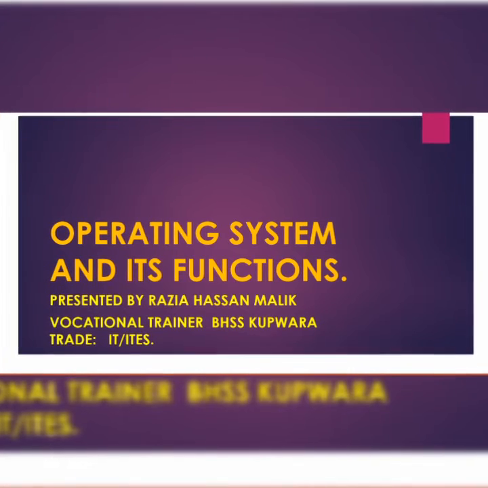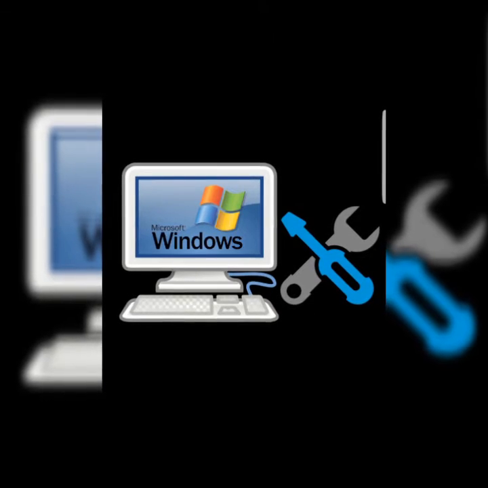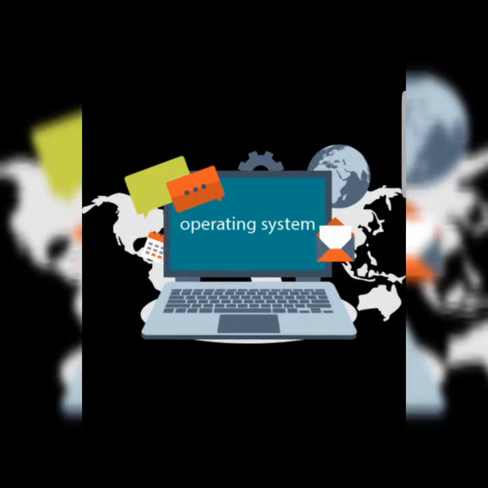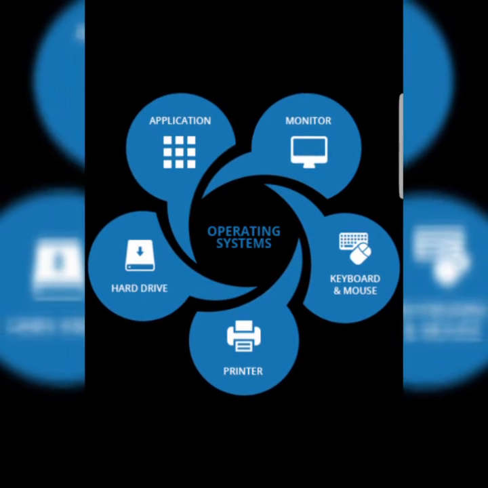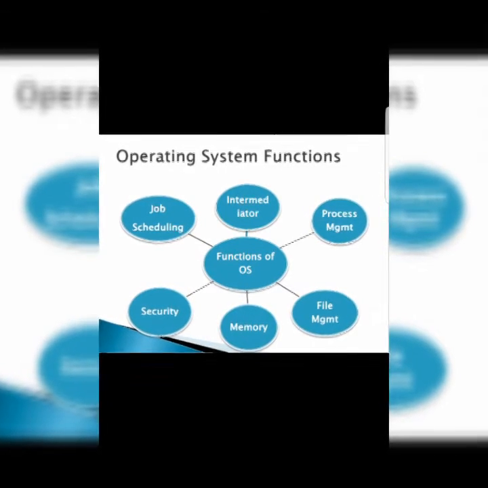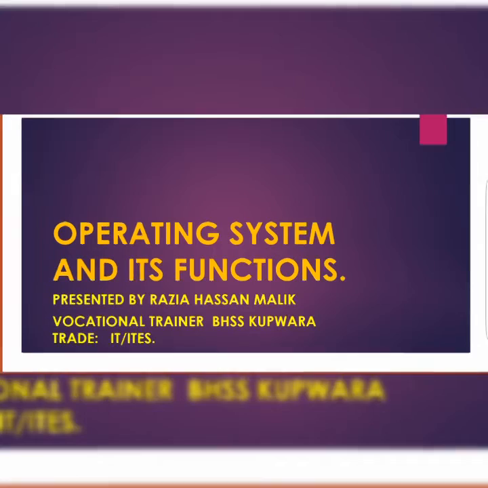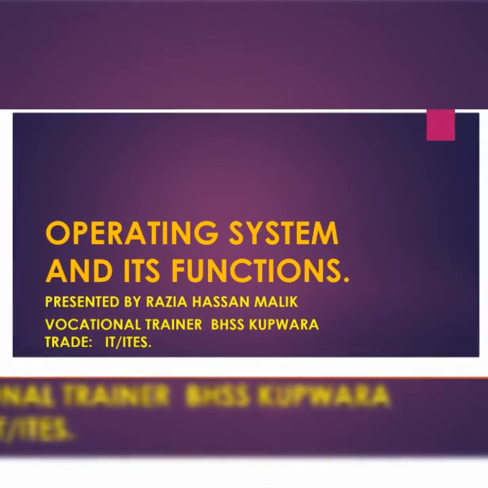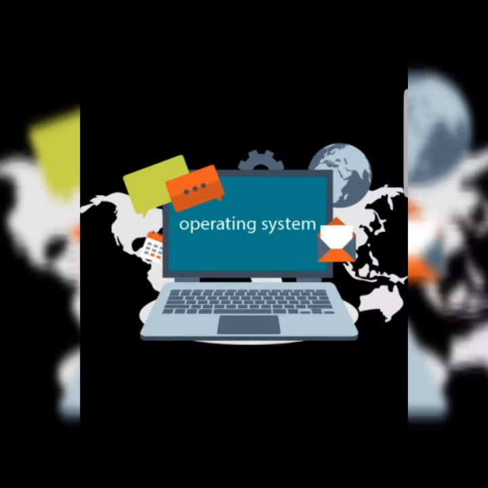Every computer, whether it's an independent system like a desktop or a cell phone, must have an operating system, because without an operating system we cannot operate a computer, we cannot operate a mobile. So operating system is the basic software which is very important for a computer to function.